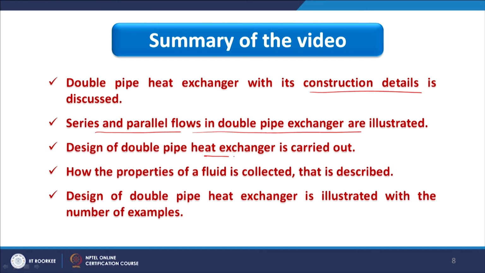Design of double pipe heat exchanger is carried out where different steps were discussed in detail. Next, we have seen how the properties of the fluids are collected from given graphs and tables, and usually it is done at average temperature.